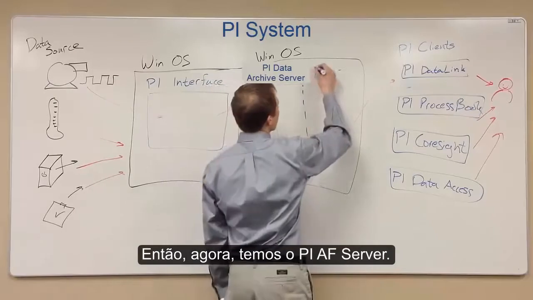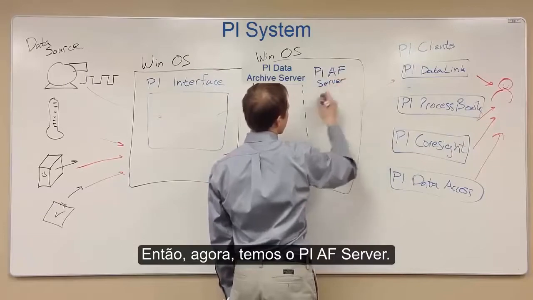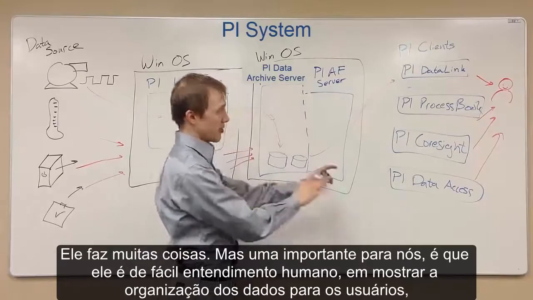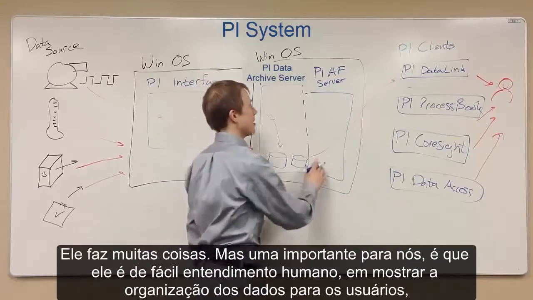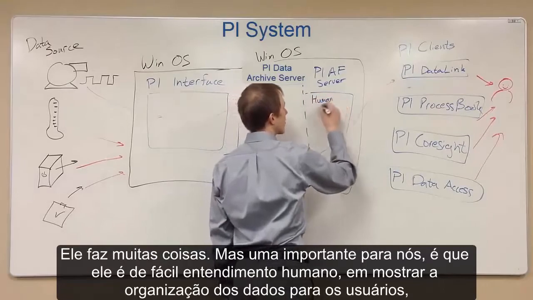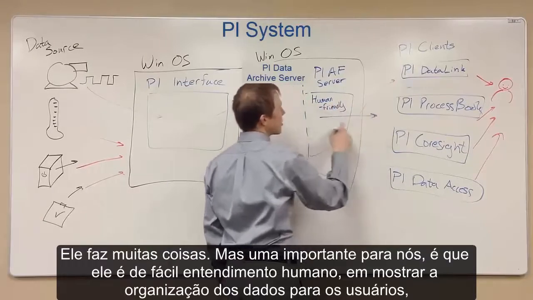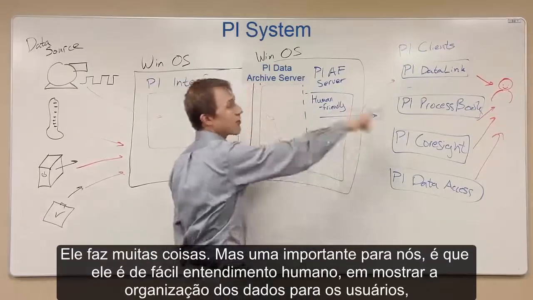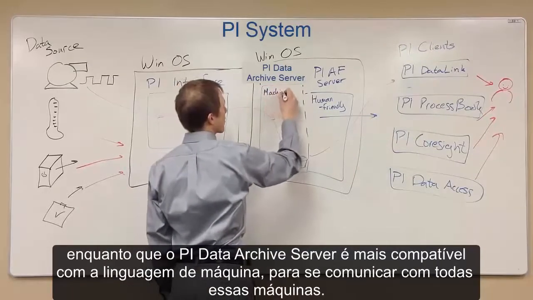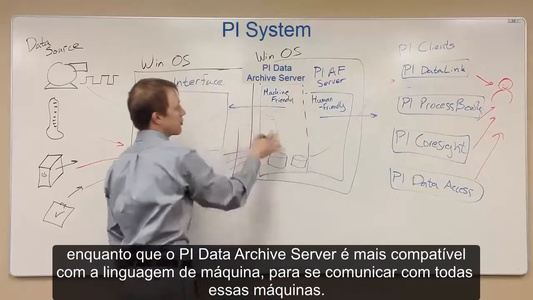So now we have the Pi AF server. This provides a lot of things, but one of the things for the purposes of this exercise is that it is human-friendly in exposing the organization of this data for the users, whereas the Pi server is more machine-friendly for communicating with all these machines over here.